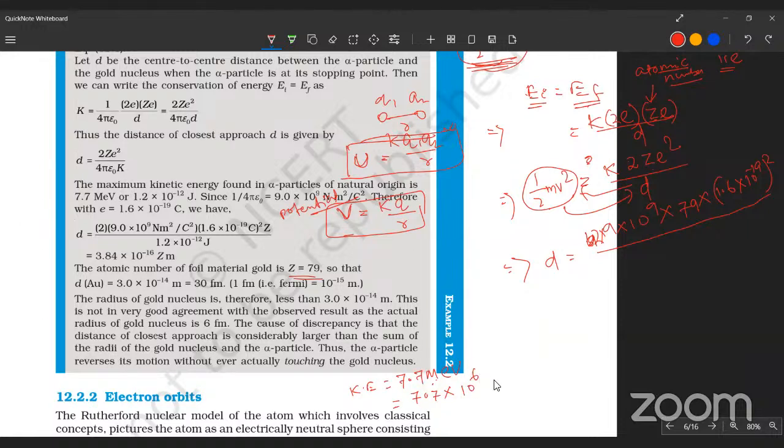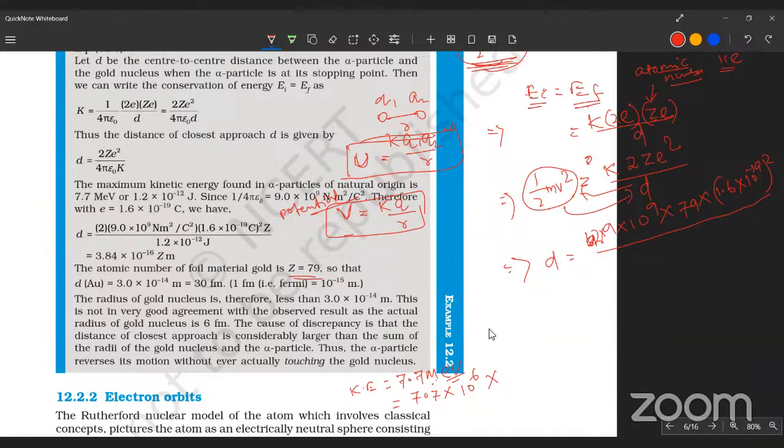And what is eV to joule? How will you convert eV to joule? Sir, we can use 1.602 into 10 to the power minus 13 joules for 1 mega electron volt.